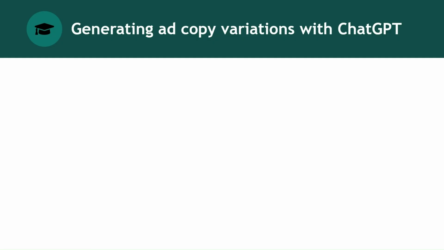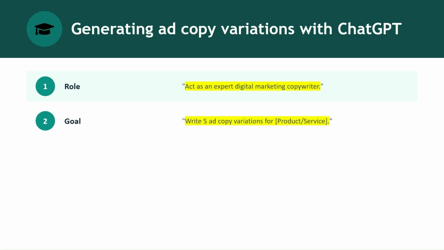Generating ad copy variations with ChatGPT. You have to specify the role. Here is an example of a prompt: Act as an expert digital marketing copywriter. Then it's good to specify the goal: write five ad copy variations for a specific product or service. What's the target audience? Target audience demographic or pain points.